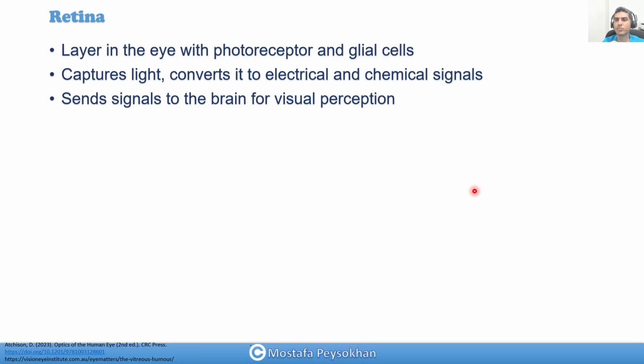It's like post-processing, because in some parts of the retina you have a lot of veins and a blind spot, but our brain fills those gaps and gives you a nice image. And as I said, the fovea is a very small part of the retina where you have a very sharp focus image. The main function of the retina is to capture light and convert it into electrical and chemical signals, and send the signal to the brain for visual perception.